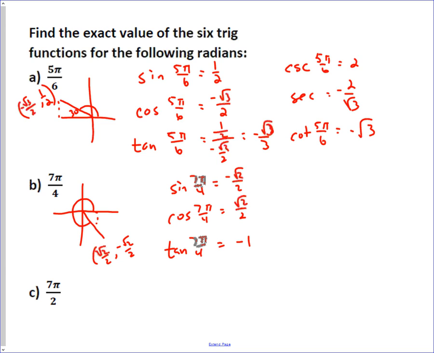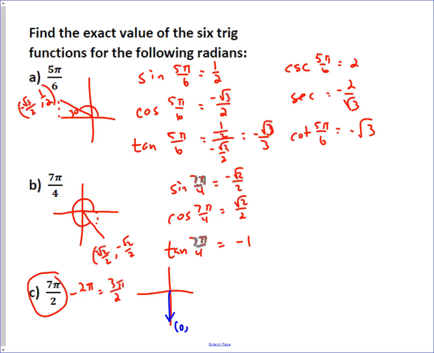The last one, 7 pi over 2. On this one, 2 pi, or 4 pi over 2, is 360 degrees. So if we subtract 2 pi, it's like subtracting 360. That gets us 3 pi over 2. Well, if each pi over 2 represents 90 degrees, 3 pi over 2 just represents 270. And so the coordinates there are just going to be 0, negative 1.